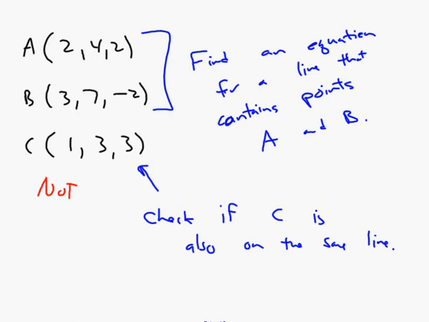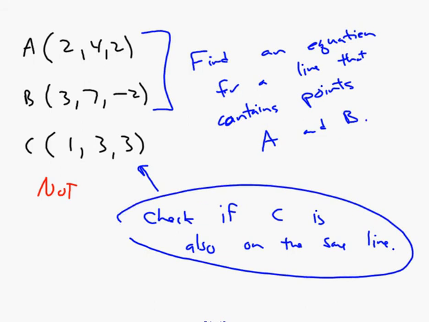So this will be the first part. The second part will be, well, how do we do that? That'll be a little bit different than what you're used to. First things first, we're going to find the equation for the line that passes through points A and B.